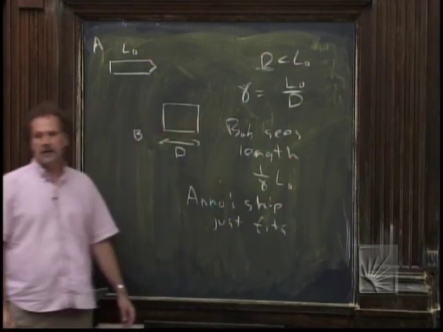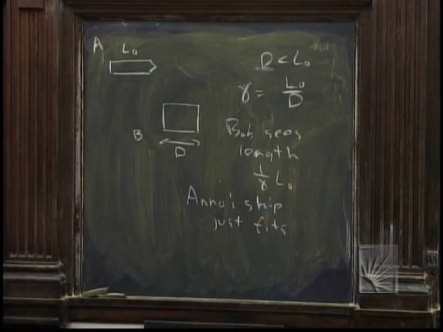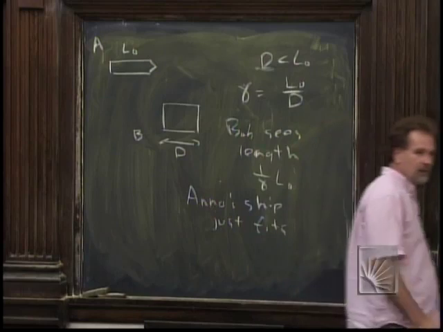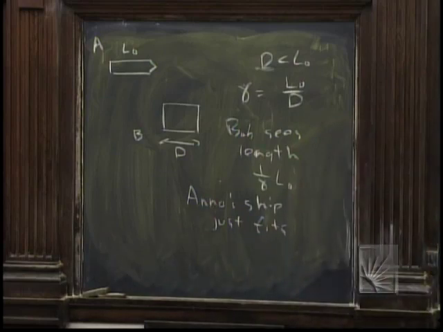So very simple idea. The space station is too small for the ship, but if Anna's going fast enough, it goes racing in a door.